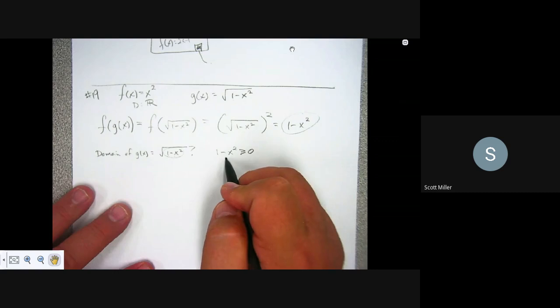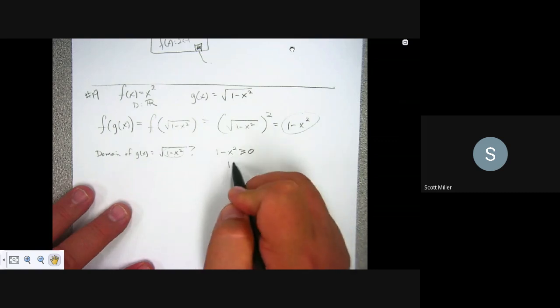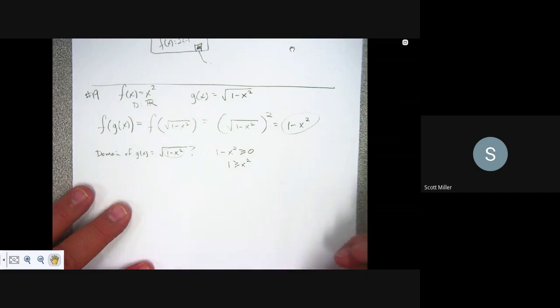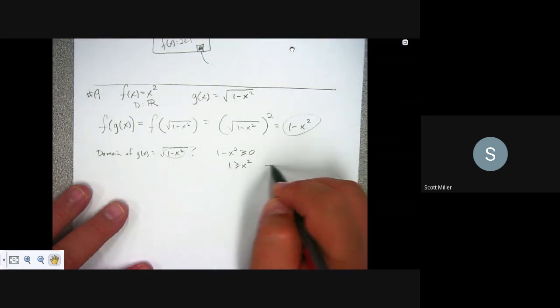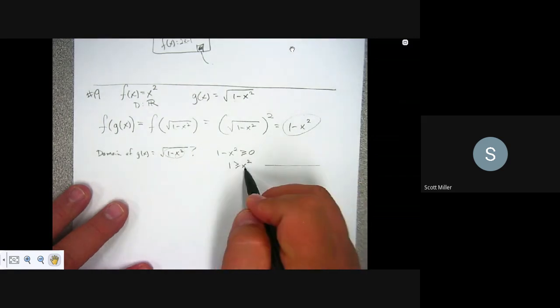I can basically add the x squared to both sides, and I'll get 1 is greater than or equal to x squared. If you look at a number line, it will help you see this. If you want to flip it back around, you can. If you like looking at it this way, it means that right there.